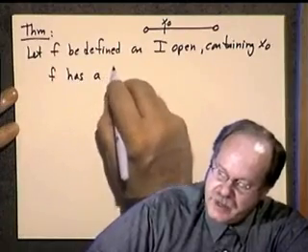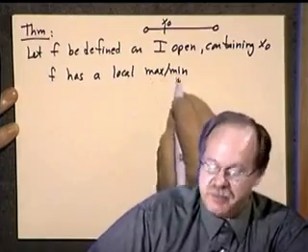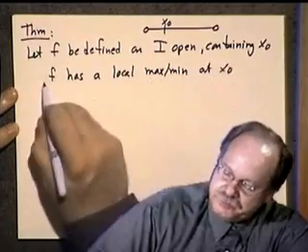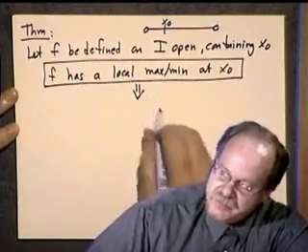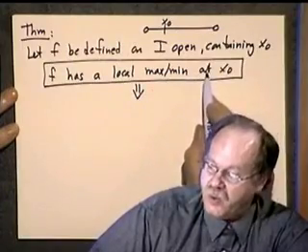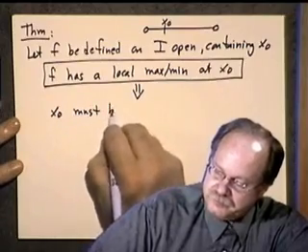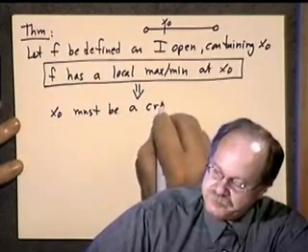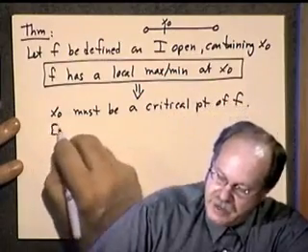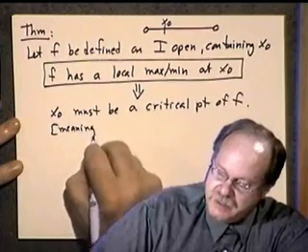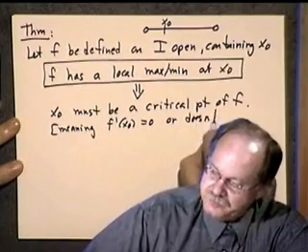If f has a local max or min, I guess I could have said local extremum, at x naught, that is going to imply that the point x naught must be a critical point of f. And just to put the definition here to remember it, meaning f prime of x naught is 0 or doesn't exist.